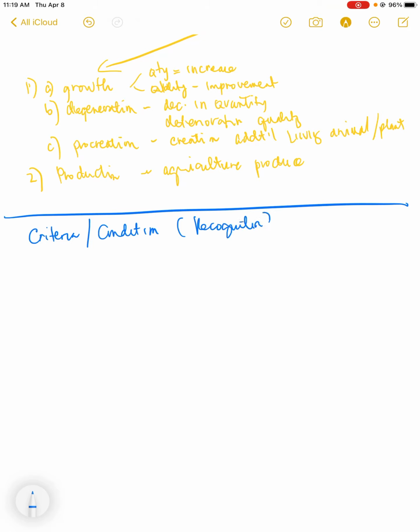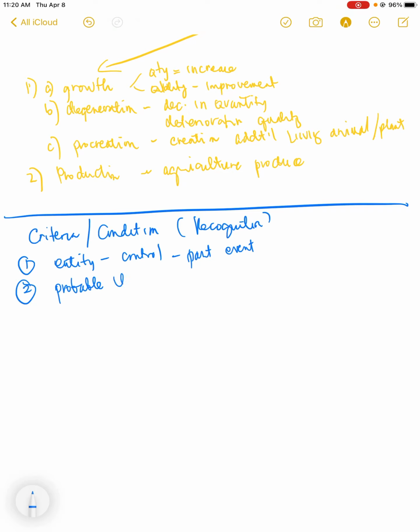So the first criteria must be the entity must have control over the asset. So saan nanggaling yung control na yan? That is coming from past event. Just like any other asset, the entity must have control over it. The second one, of course, since it is an asset, you are expecting future economic benefits that will flow to the entity, and that future economic benefits is probable to happen.